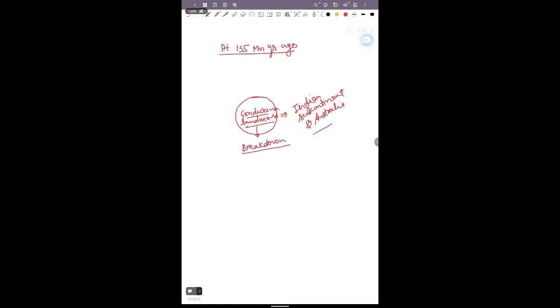Around 135 million years ago, this Gondwana landmass broke down again, and from this the Indian subcontinent and the Australian continent emerged.